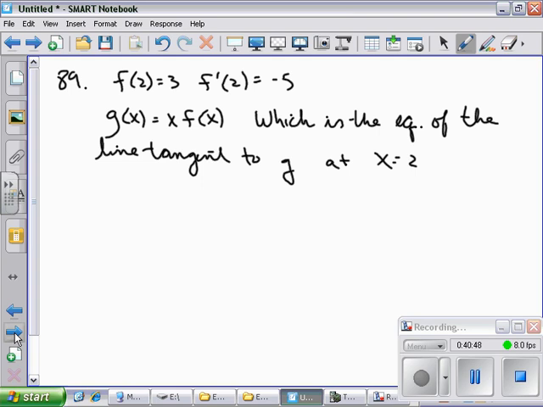So we want to write the equation of a tangent line, which is always y minus y1 is equal to the slope times x minus x1. If it's a tangent line to g, they told us that x is 2, so we know that. But how am I going to find y1?